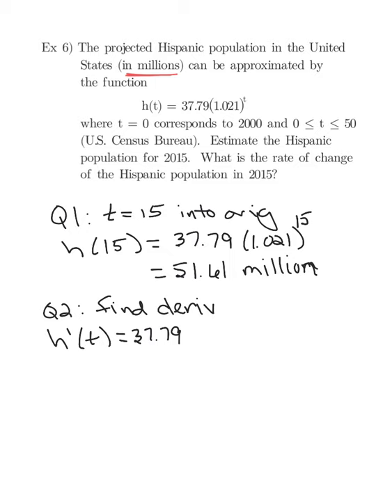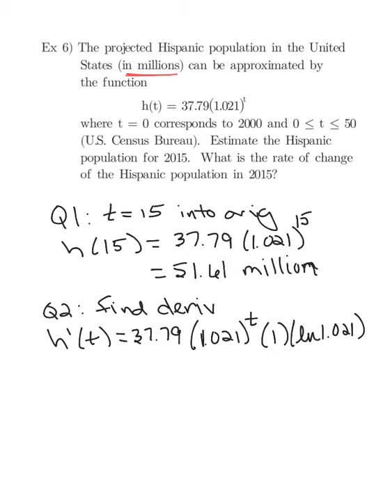This is where we have anything except e. So we're going to use that second formula, where the first thing you do is write down what you were given, 1.021 to the t power. You take that times the derivative of the power, which is just 1. And then take that times the natural log of the base, which is 1.021.